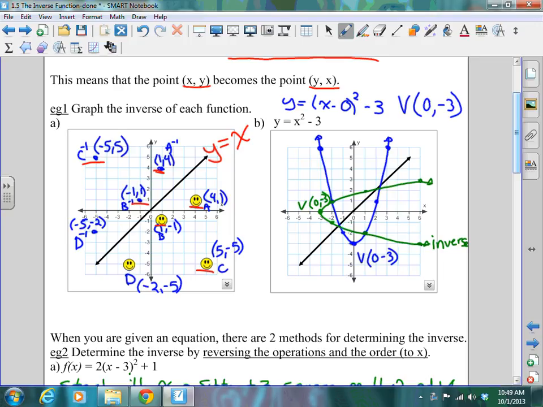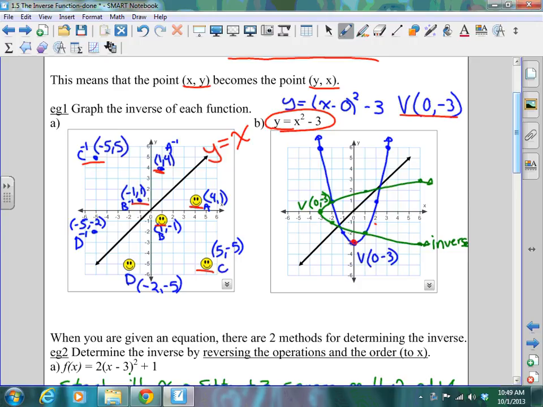Now we can do the same thing when we have an expression. So looking at this expression, it's quadratic. We know there's a vertex, so the vertex is (0, -3). So we plot (0, -3). We do our step pattern, over 1 up 1, over 1 up 3, over 1 up 5 on both sides. Okay, to get our original parabola.